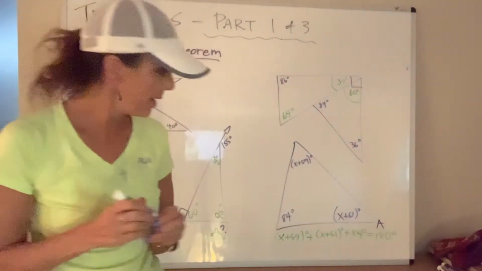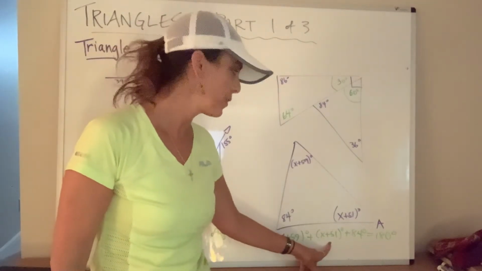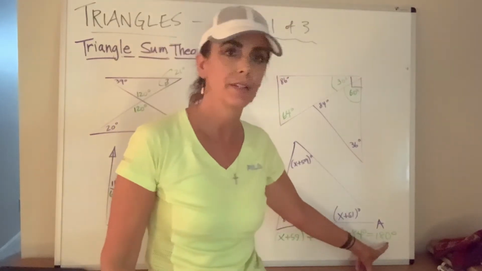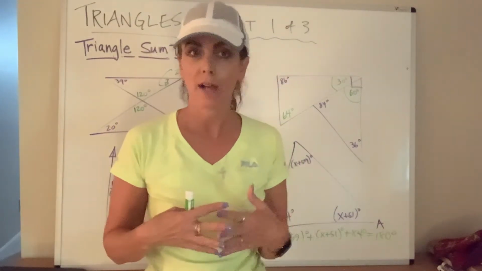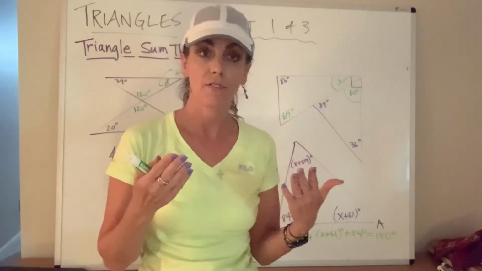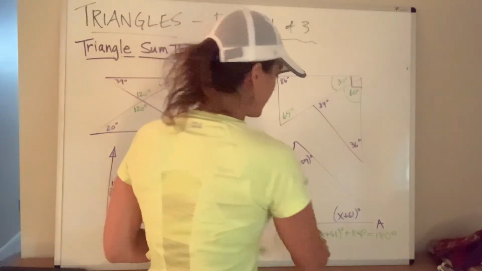Okay, so I have x plus 59 degrees plus x plus 51 degrees plus 84 degrees equals 180 degrees. Now I have some simple algebra, which allows me to collect like terms and solve for x. So when I collect like terms, I have two x's here, right?